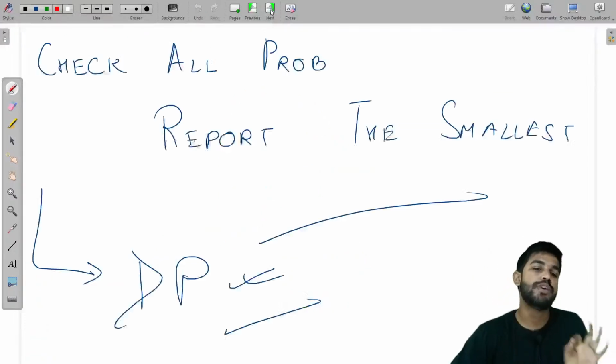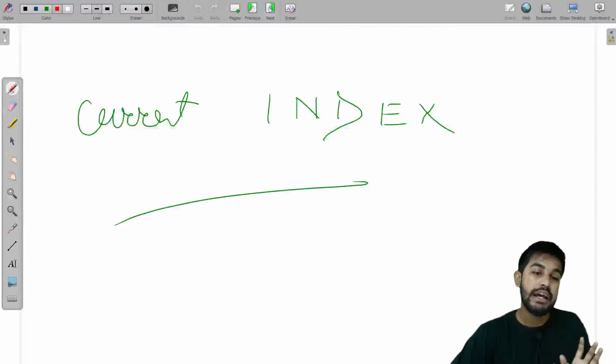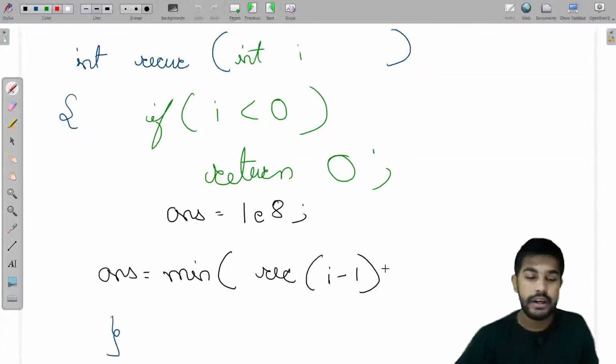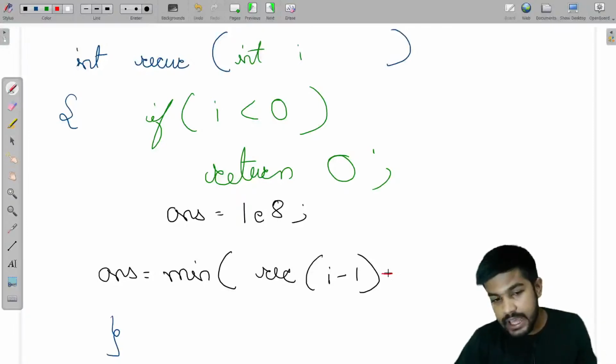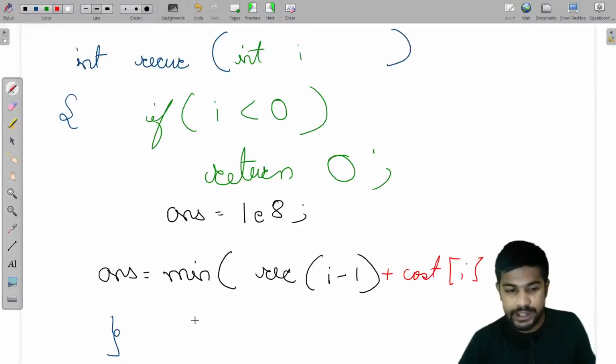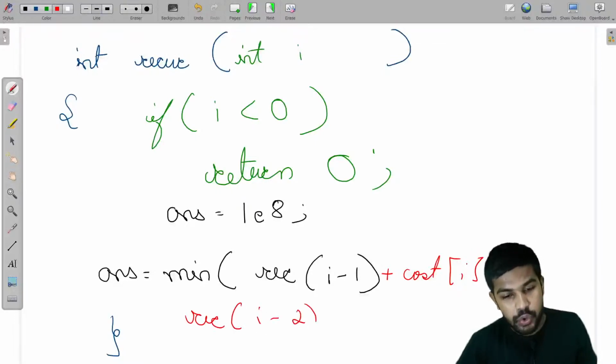Now I would be moving forward. Same thing we would be doing. Recursion of i minus 1, one step we have taken, and the cost of the current stair. And we would be comparing it with recursion of i minus 2 plus the cost of the ith stair.